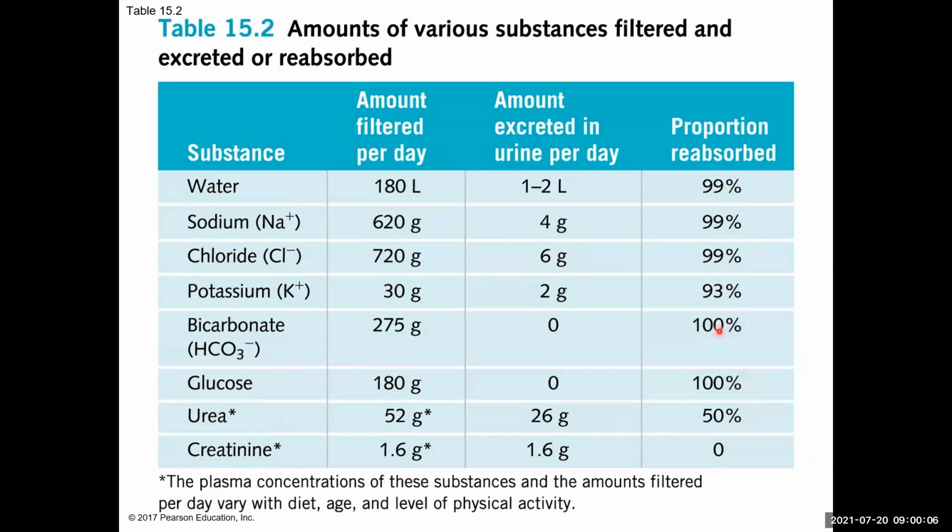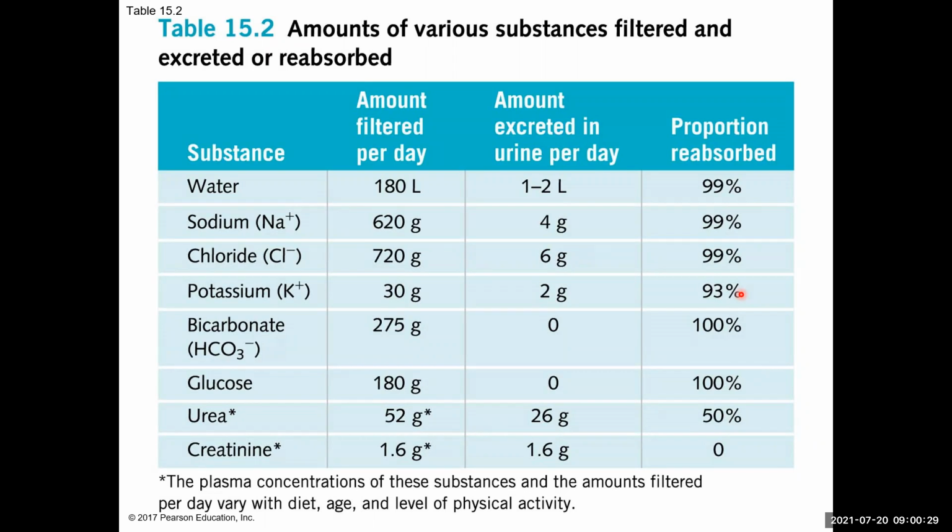Almost all of the bicarbonate, all of the glucose is reabsorbed, half of the urea, all of the creatinine is excreted, none of it's reabsorbed, and then most of the ions are reabsorbed back into the bloodstream. And so even though it filters a lot of material, we're only excreting a very small amount of that.